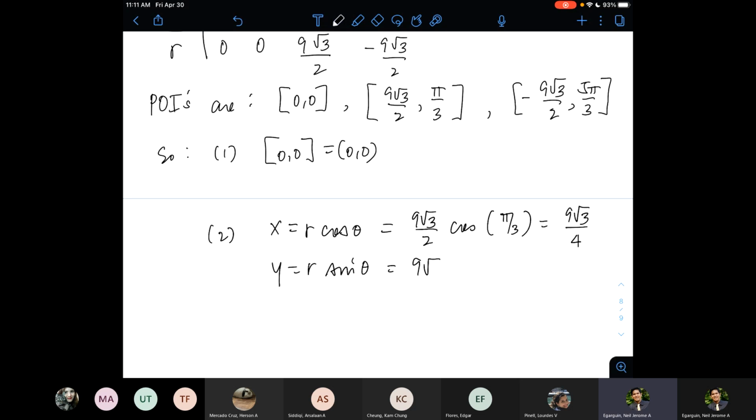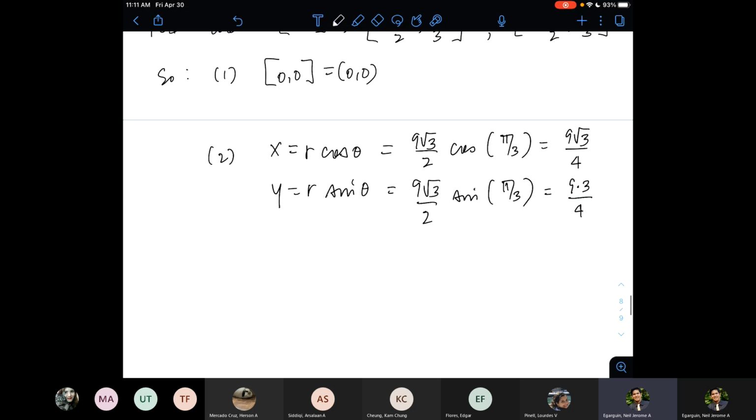And this guy would be 9 root 3 over 2 times sine of pi over 3. So that's going to be 9 times 3 all over, sine of pi over 3 is root 3 over 2, right? So this would be 9 times 3 over 4. So this would be 27 over 4.